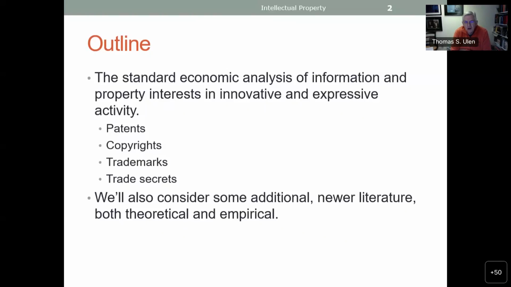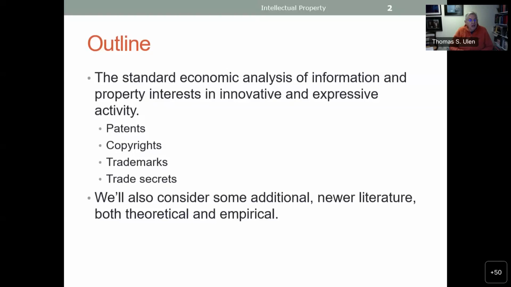And almost always, those studies of the causes of economic growth in a society point to innovation, the area of intellectual property, as accounting for half and maybe more of the causes of growth. It's an extraordinarily important area.